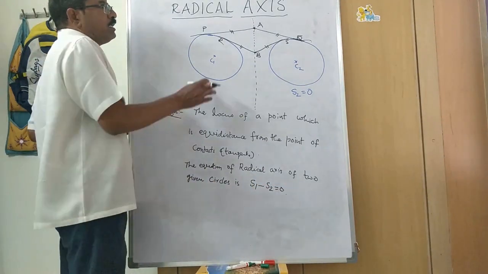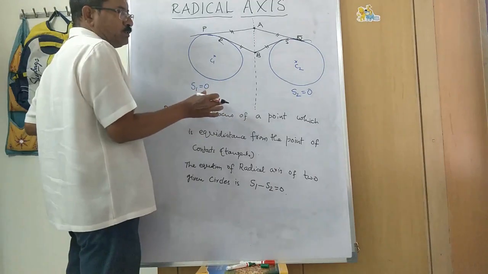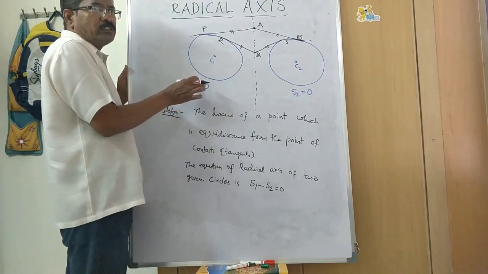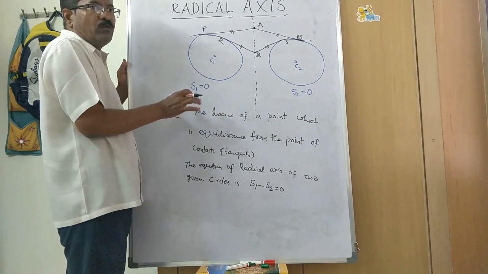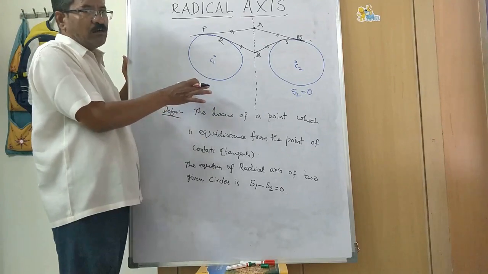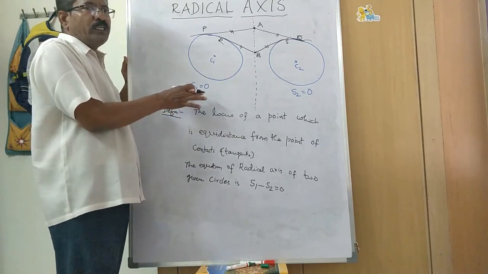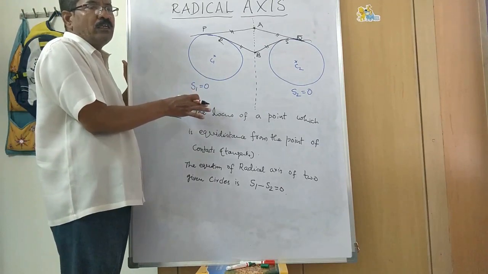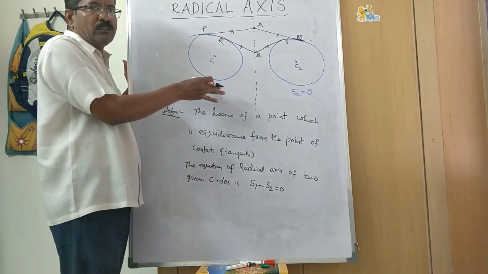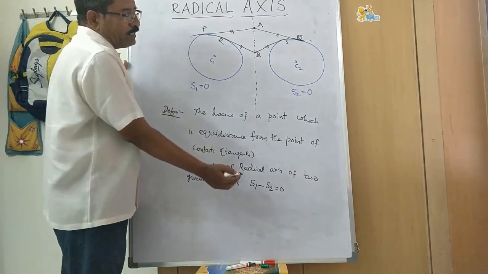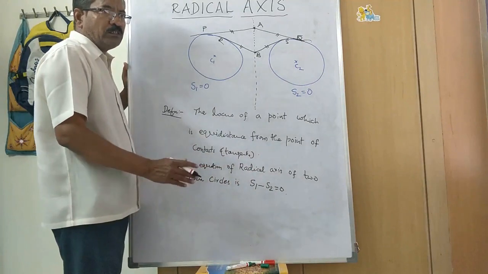You observe that if you take S1 minus S2, the x square terms and y square terms get cancelled. Only the x and y terms and the constant remain. So it represents a line, since a line equation is linear. That's why we are taking S1 minus S2 is equal to 0.